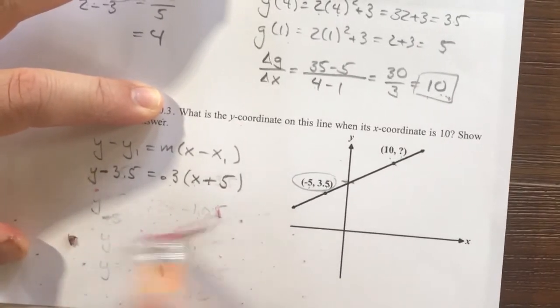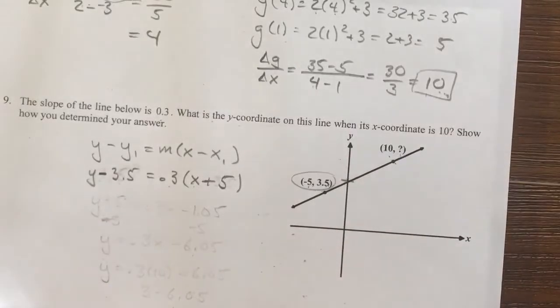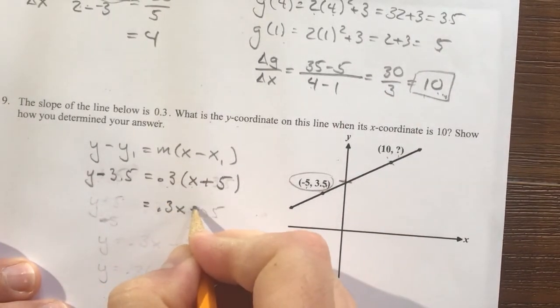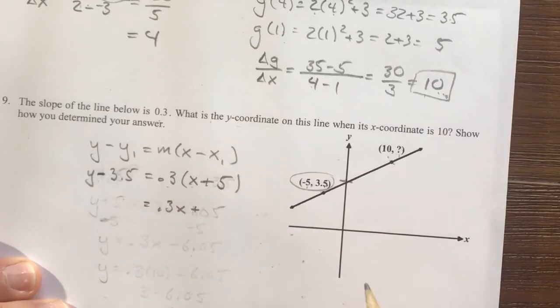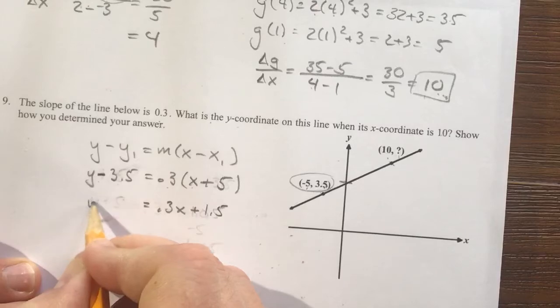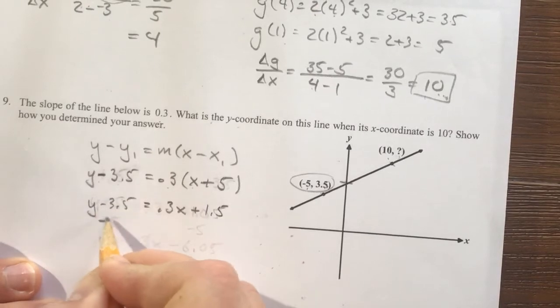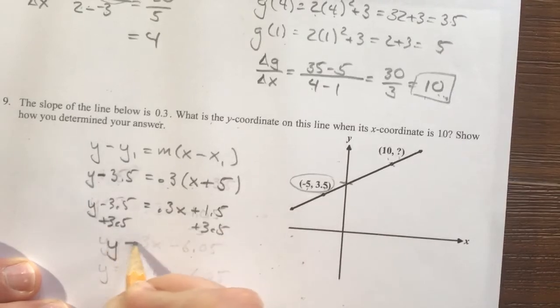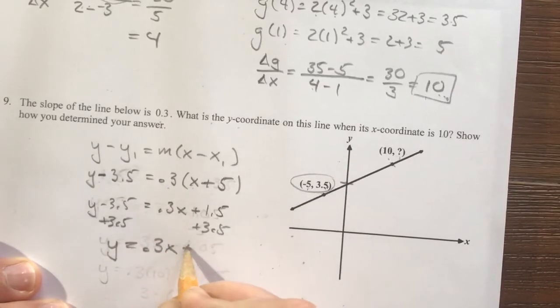Try it again. 0.3x plus, that'll be 1.5. y minus 3.5, add 3.5 to both sides. 0.3x plus 5.